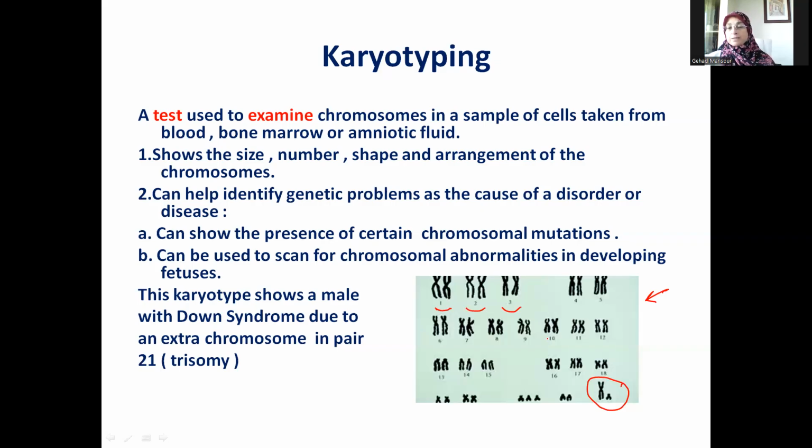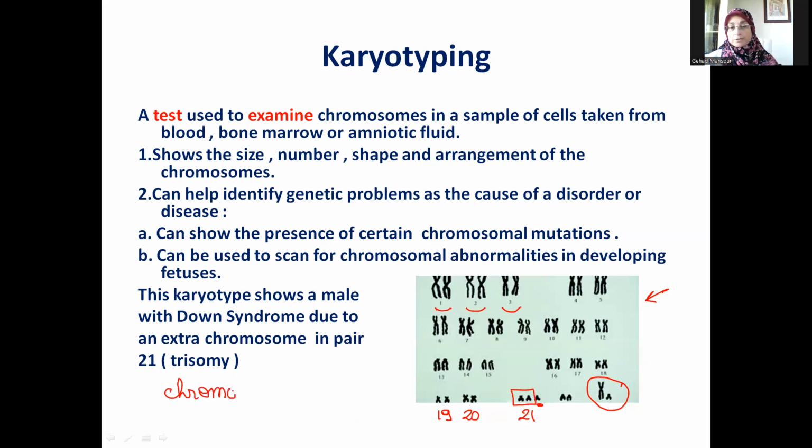And here we can see an abnormality, but unfortunately, the diagram is not very clear, because if this is pair 18, then this is pair 19, pair 20, pair 21. In pair 21, you are supposed to have 2 chromosomes only. Here you have 3 chromosomes. So this condition is, number 1, considered a chromosomal mutation.